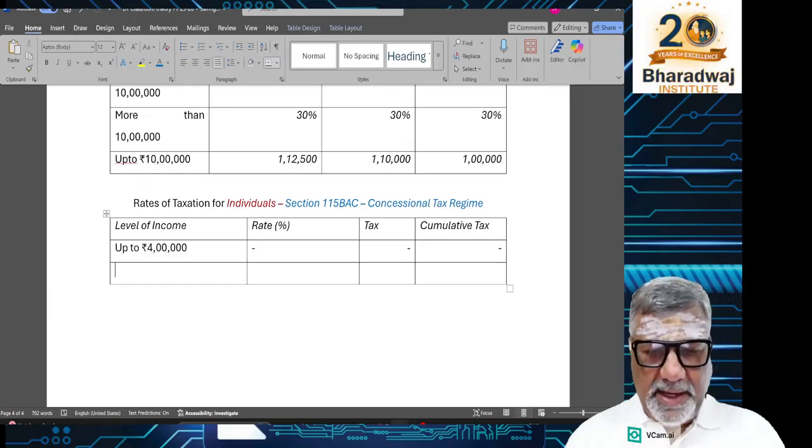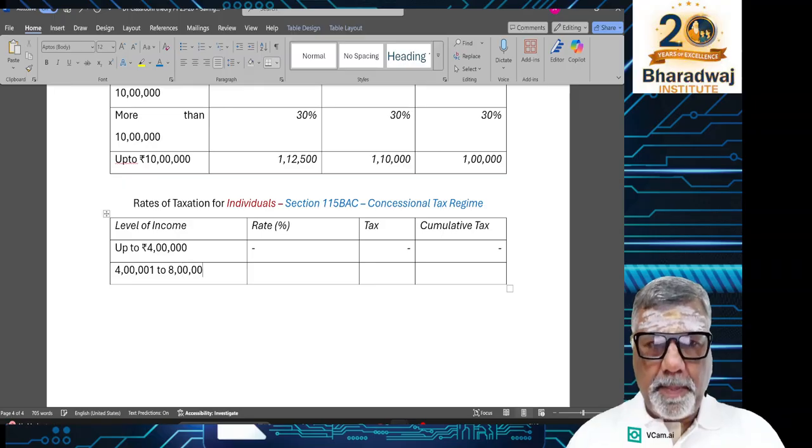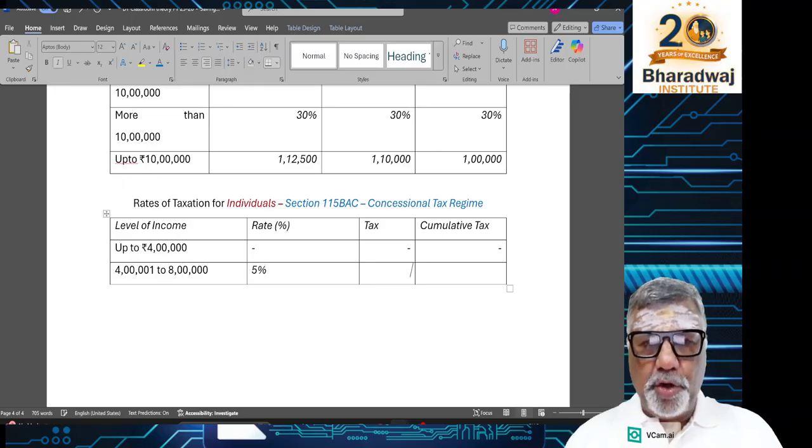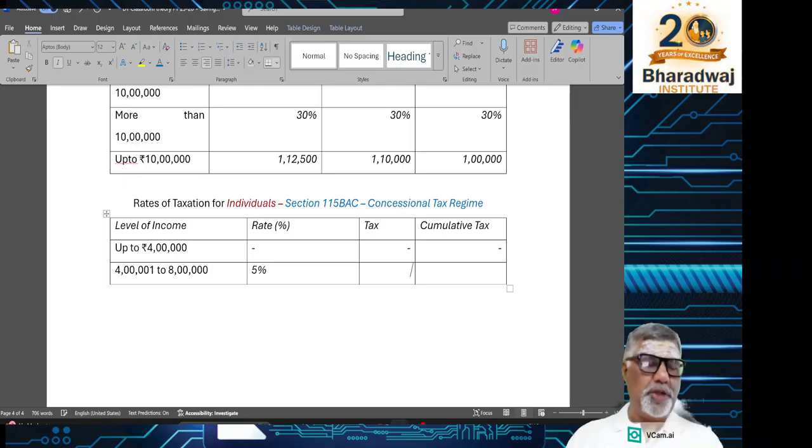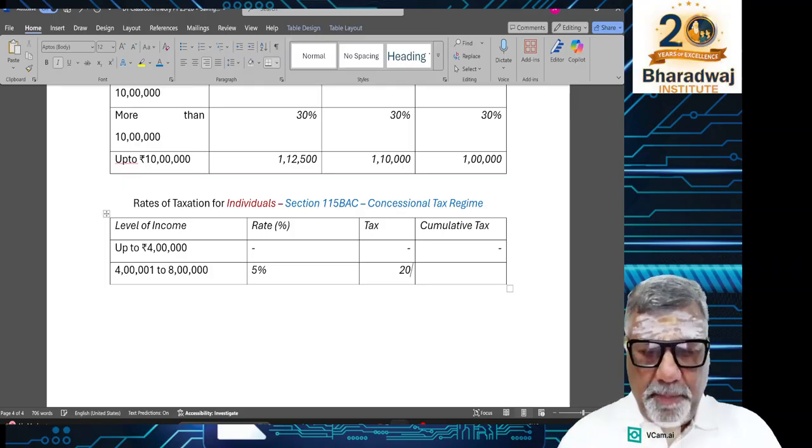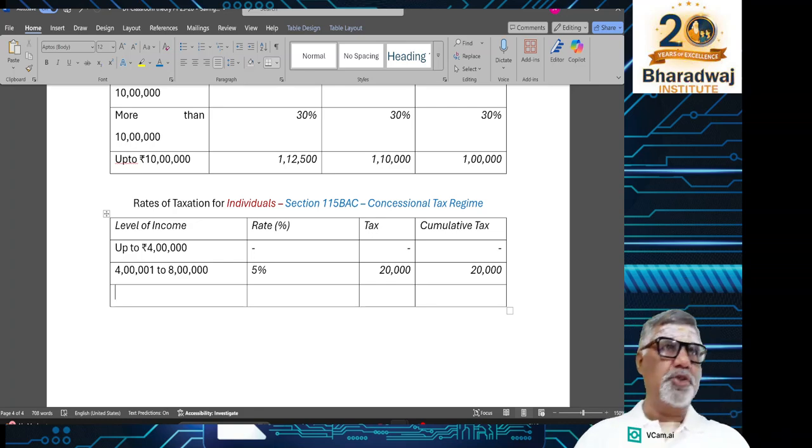The next level is 4 lakh 1 to 8 lakhs. The tax rate is 5%. The difference is 4 lakh, and 5% comes to 20,000. The cumulative tax comes to 20,000.